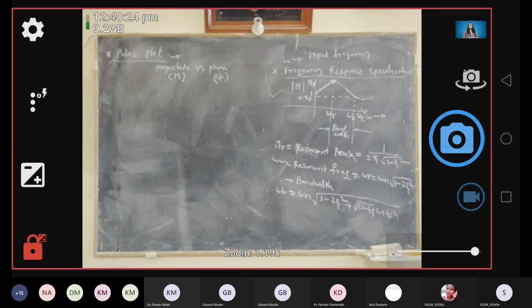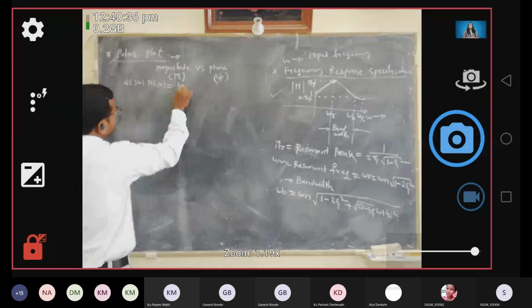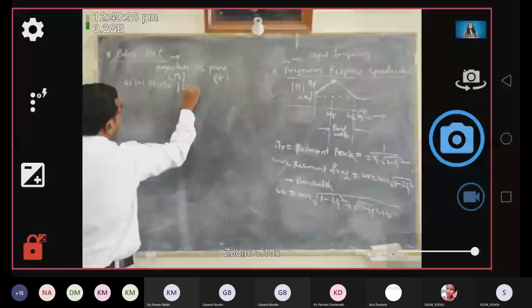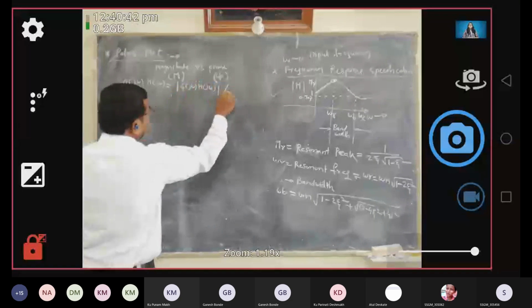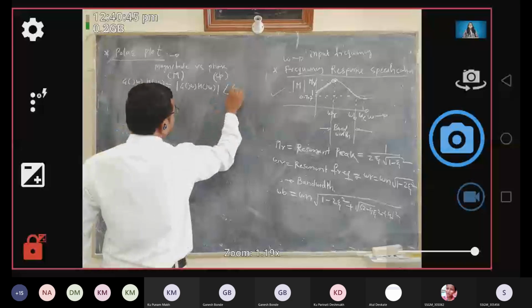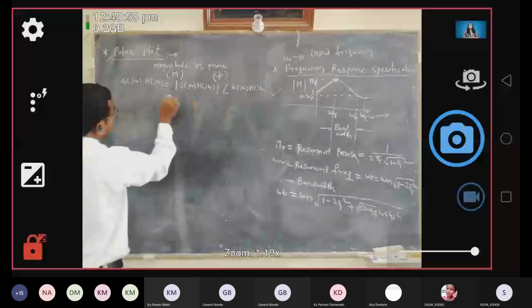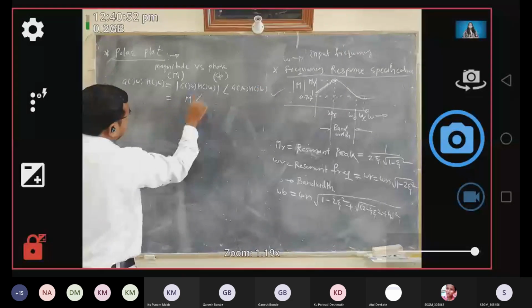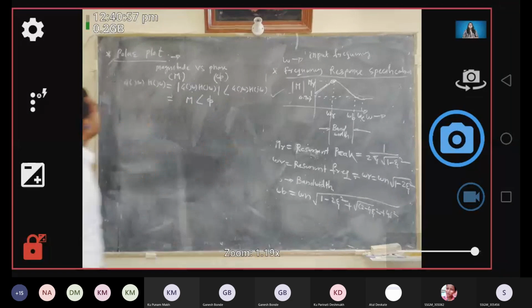Then how to construct it? As we have G of j omega into H of j omega, we have expressed it in polar form: the magnitude of G of j omega H of j omega at an angle of G of j omega H of j omega. This is represented simply by M at an angle phi, where M and phi are given by these expressions.